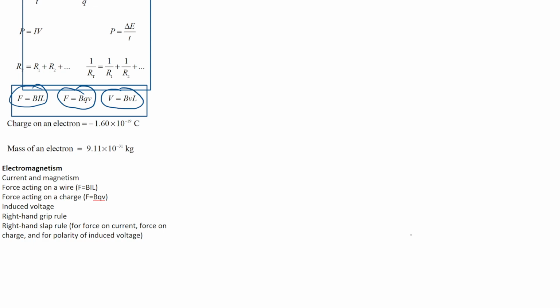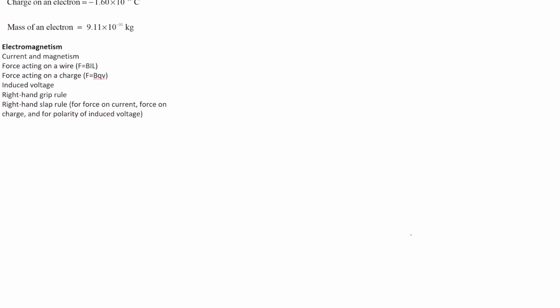To support the explanations for that and the direction of the force acting on the charge or the current, we use the right hand grip rule and the right hand slap rule. In particular we'll focus on how the right hand slap rule explains force on a current, force on a charge, and how we use it to find the polarity for an induced voltage.